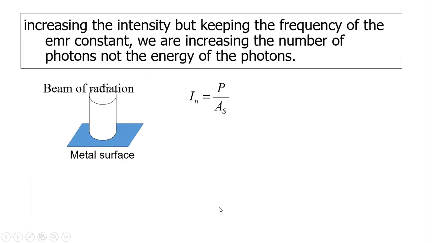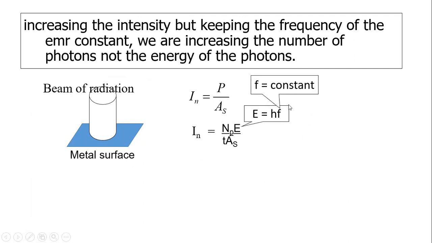Okay, let's look at the equation. That's what we are looking at now. It's easier to look at the equation rather than the wording there. We write N P E over T times cross-sectional area. This tells us we keep our frequency constant, so the energy of the photon is constant, E is constant, because our f is constant.